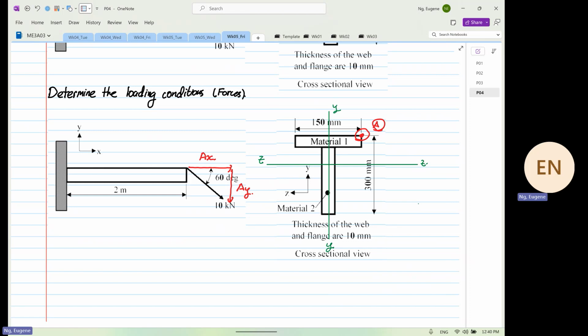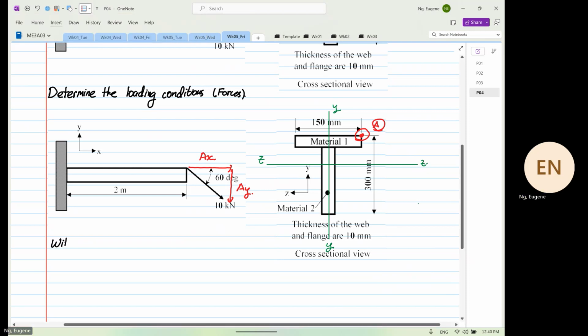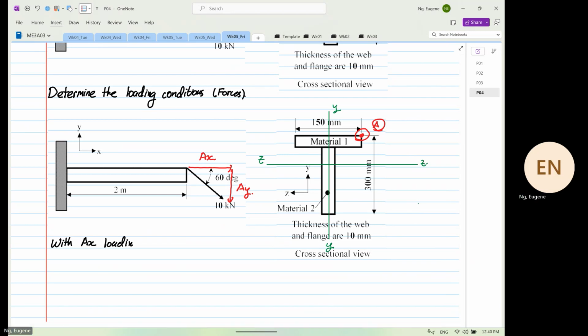But before we go on, we know that with AX loading, the structure is under eccentric condition. Eccentric means what?